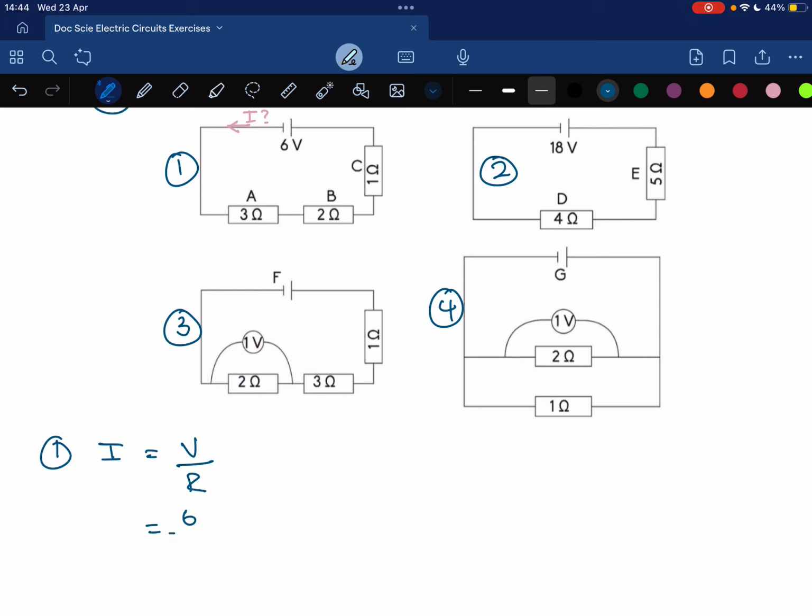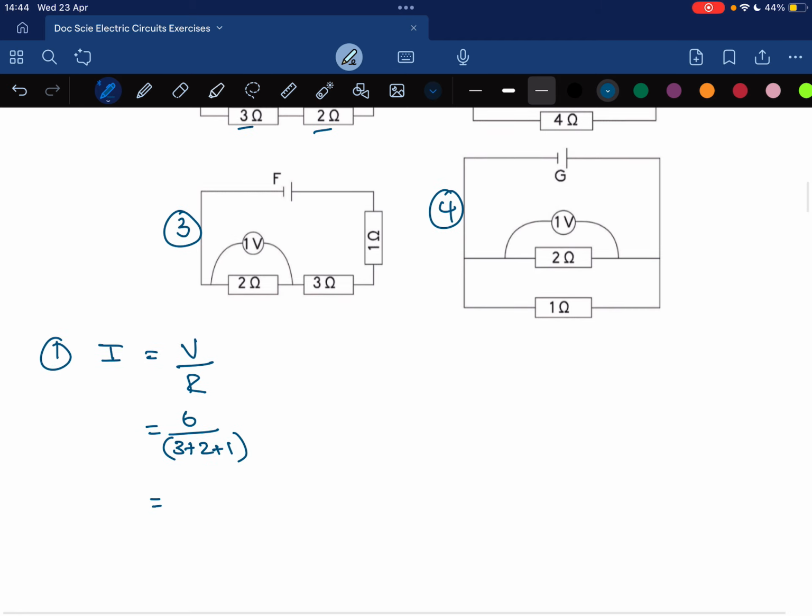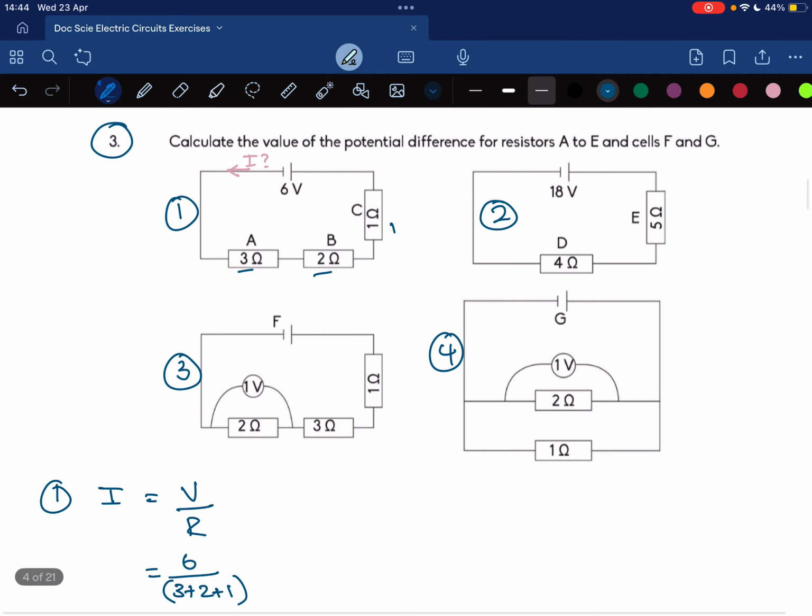V total is 6, and R total is just going to be 3 plus 2 plus 1. All of that together will give me 1 ampere. So now I can calculate the voltage through each one.